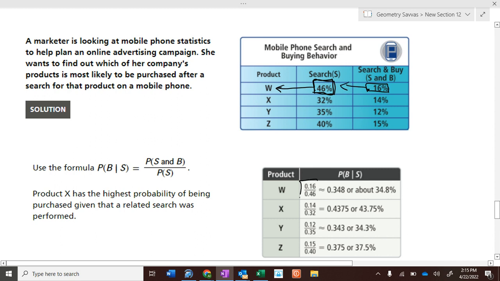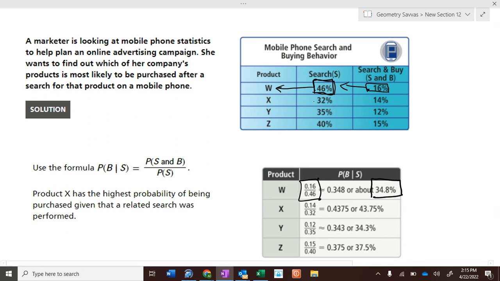So if you take 16% divided by 46%, or 0.16 divided by 0.46, 34.8% of the people who searched wound up buying that phone.